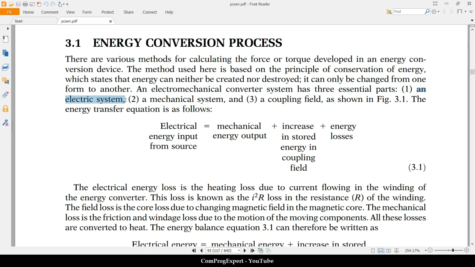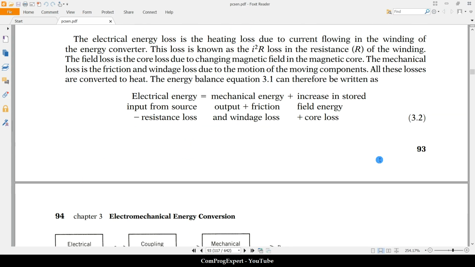An electric system, 2. A mechanical system, and 3. A coupling field. In the case of rotating electric machines based on magnetic forces, the coupling field is the magnetic field, as shown in this figure.